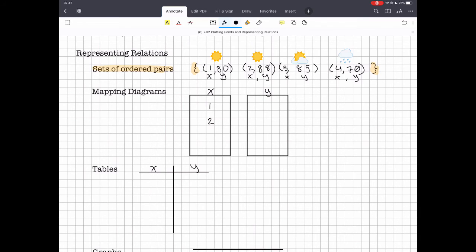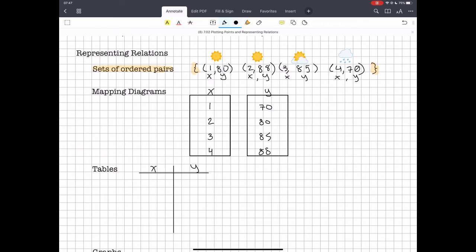So 1 hour, 2 hours, 3 hours, 4 hours. And then we would put our temperatures over here. And I'm going to go in ascending order. So 70, 80, 85, 88. Okay, so there's our temperatures.